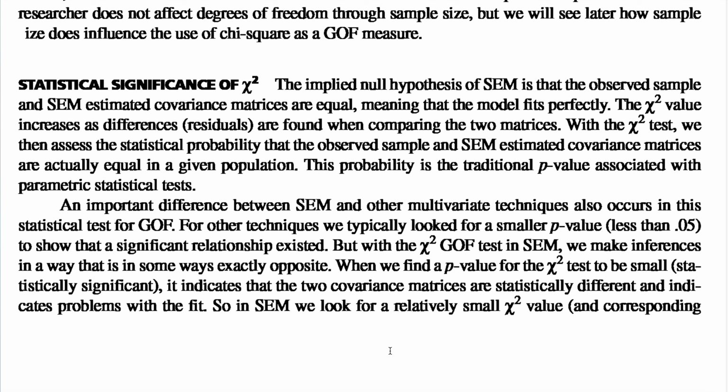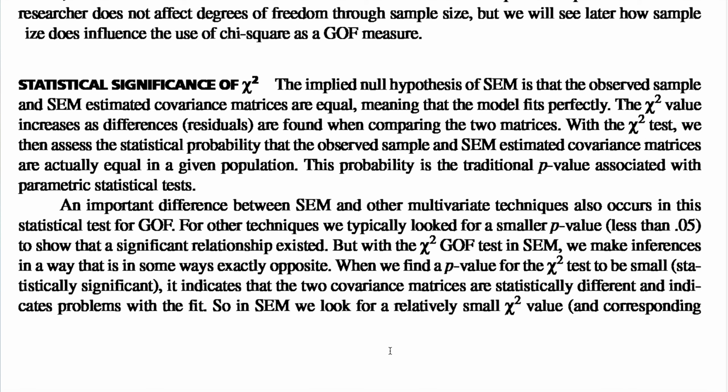We then assess the statistical probability that the observed sample and structural equation modeling covariance matrices are actually equal in a given population. This probability is a traditional p-value associated with the statistical test.